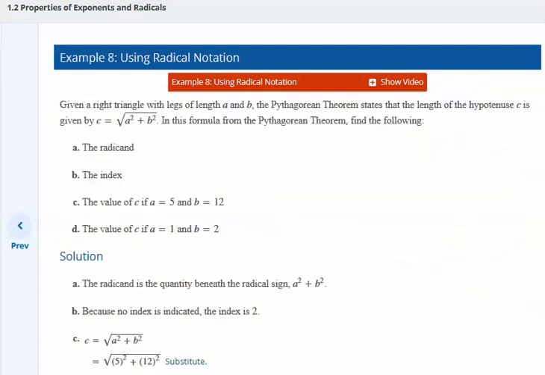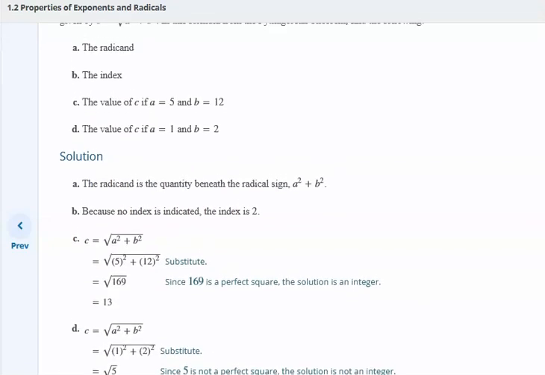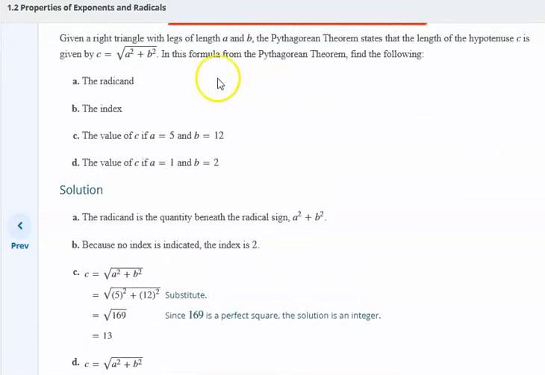Let's go on. So in example 8 now, we're using some of the things we've had, and I went too far. Let's go. Looking at this, this is the length of one of the sides of the triangle, the hypotenuse, using the Pythagorean theorem. So first of all, what is the radicand here?